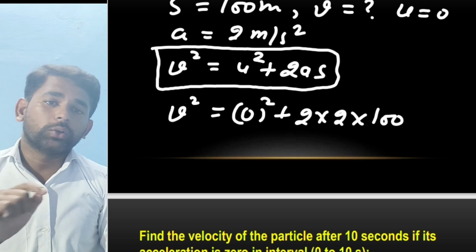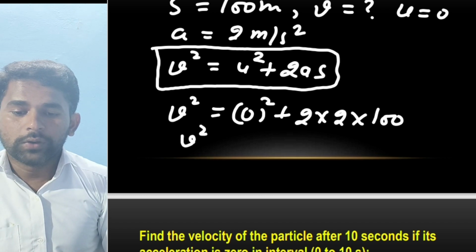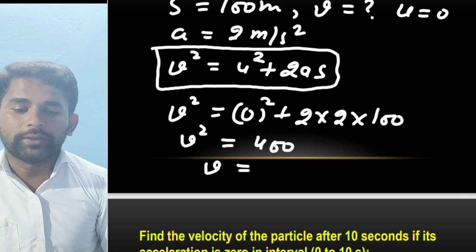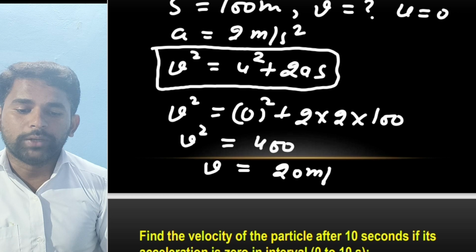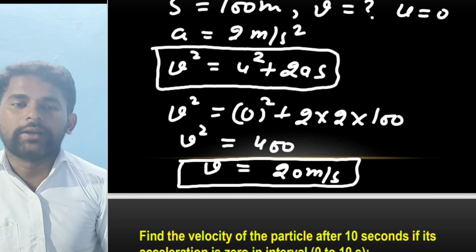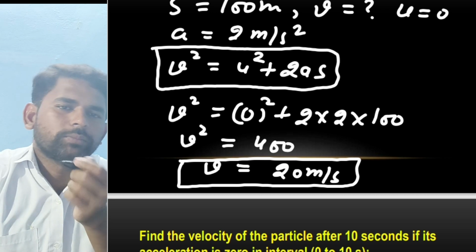So 2 times 100 is 200 and 2 times 200 is 400. Okay, so now v square is equal to 400. So finally v will be equal to 20 meter per second. So this is the final answer of this problem.